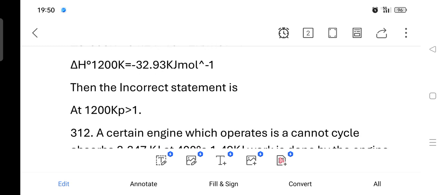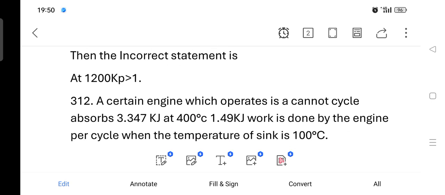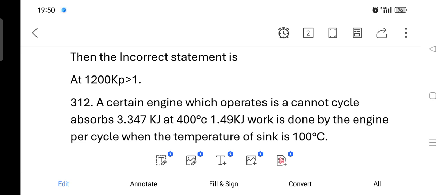Delta H degree at 1200 K is equal to minus 32.93 kJ per mole. Then the incorrect statement is: at 1200 K, Kp is greater than 1.